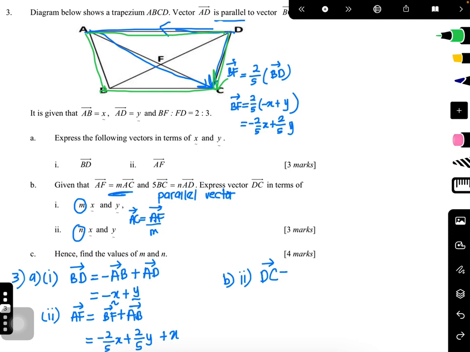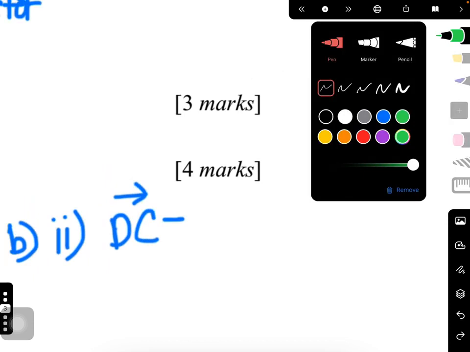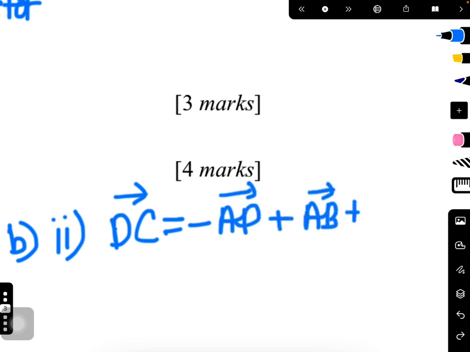Parallelogram law. Okay, we need DC, so the direction is here, AB is here and BC is here. Negative AD, because it is in the opposite direction, plus vector AB plus vector BC.